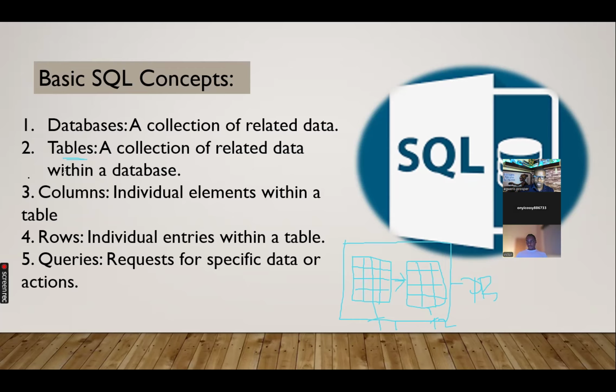Now, another key term you will need to know is the columns. The word column is what I initially explained as the attributes, the headings. For example, this particular column can represent ID.